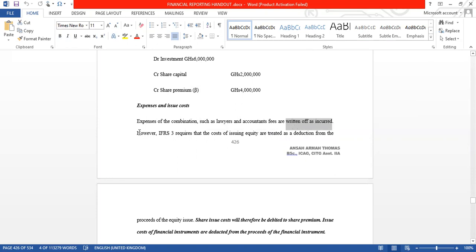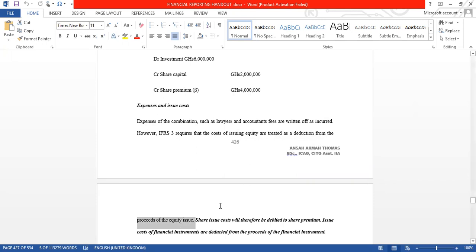Now, however, IFRS 3 requires that the costs of issuing equity are treated as deducted from the proceeds from the equity. The issue costs are treated as a deduction from the proceeds that you get from the equity.